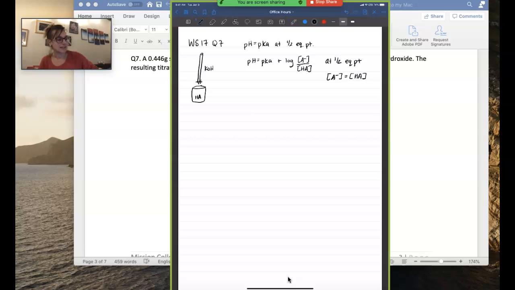If you were to plug that into the Henderson-Hasselbalch equation, you would get 1, because these would cancel each other out essentially, and log of 1 is 0. So therefore, pH is equal to pKa at half the equivalence point. All right, so that's a good one to remember.